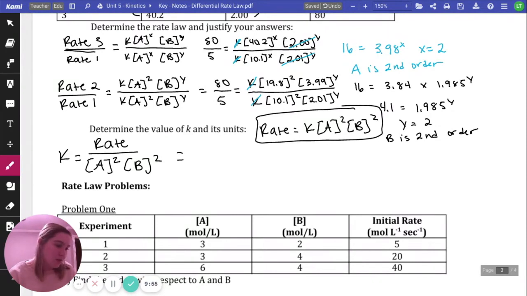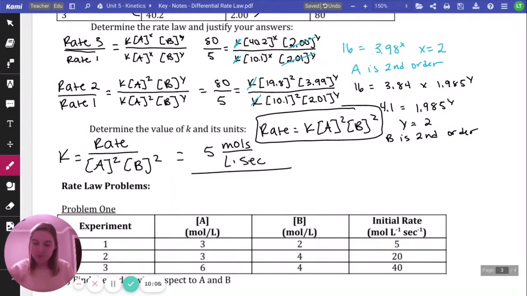My rate in trial one is 5 moles, and because it also says units, we have to solve for our units too: moles over liters times seconds, divided by the concentration of A, which is 10.1 moles per liter squared, times the concentration of B, which is 2.01 moles per liter squared.